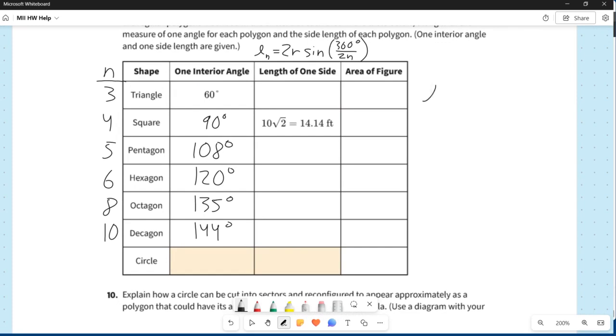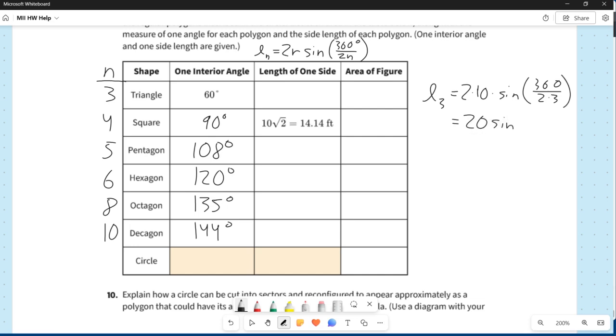So for L of 3, it's going to be 2 times 10 times the sine of 360 divided by 2 times 3. Notice that that's where the 3 pops up in the denominator of my fraction for the sine function. 2 times 10 is 20.